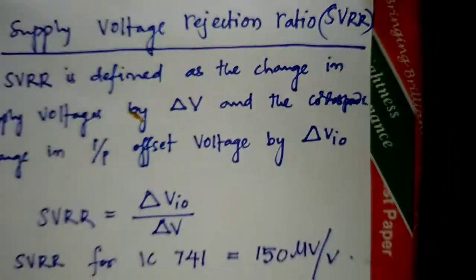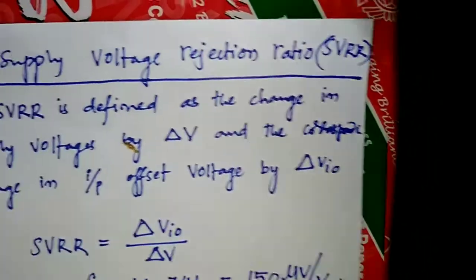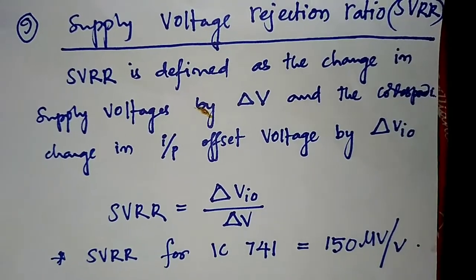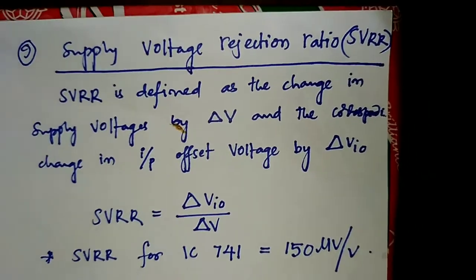Next, the ninth one is the power supply rejection ratio.